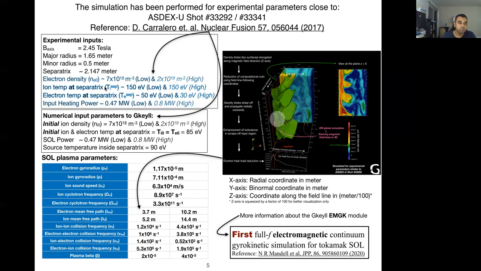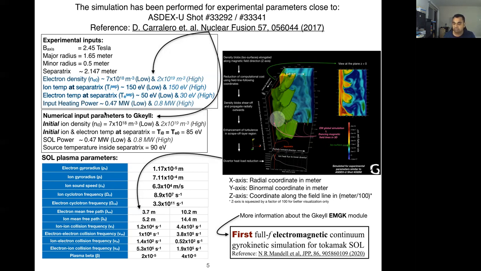Here in our simulation, we specify the initial ion and electron density, and the electron and ion temperature at the separatrix location only. So effectively, it's like providing the information of initial ion and electron density and temperature from this experimental reference, and providing the information only at one location in the simulation geometry.